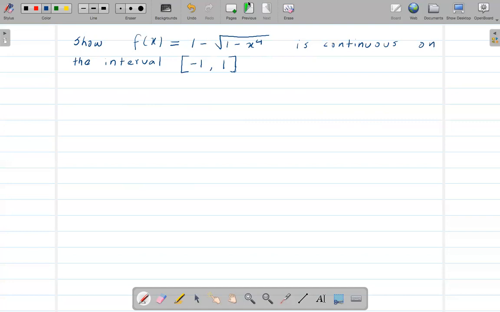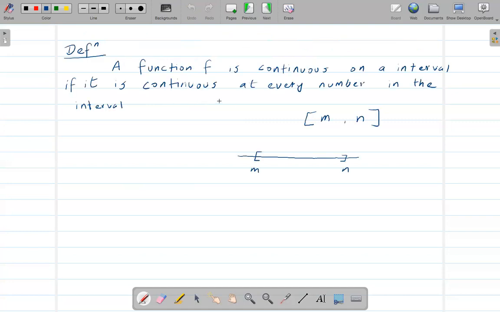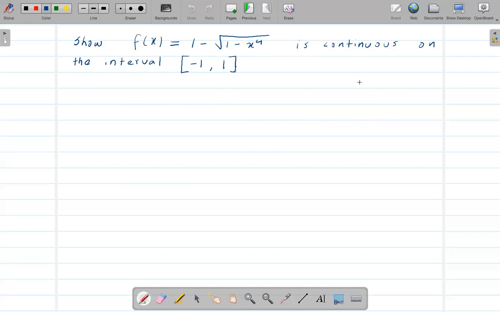Like I said, it has to be continuous at every point in this interval, right? So if I draw a picture, on the left-hand side I have -1, on the right-hand side I have +1. Every point between these two should be continuous.